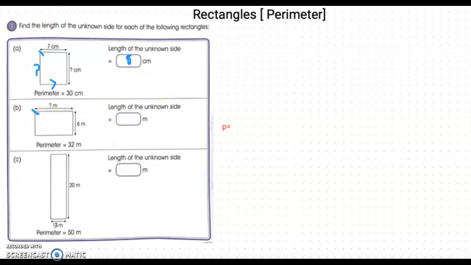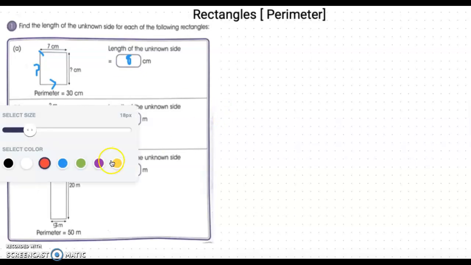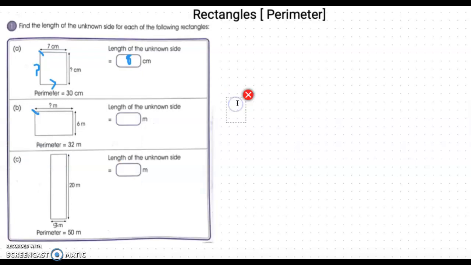Okay, let me erase this one first. So perimeter equal, again we don't know that side, it's length, and then 6 plus, we don't know that side, so it's length, and then plus 6, because opposite sides are equal. Now the perimeter is given here, it is 32.